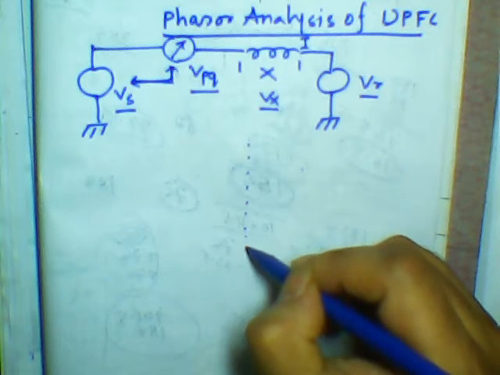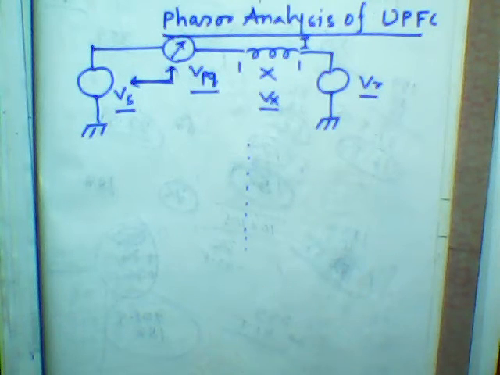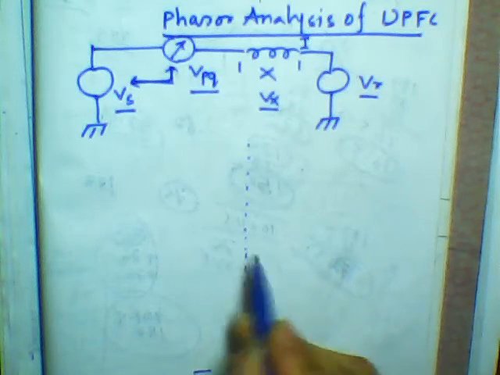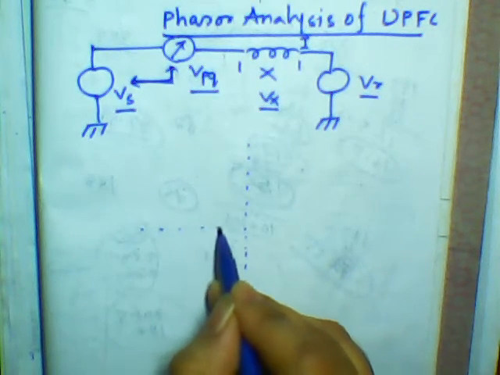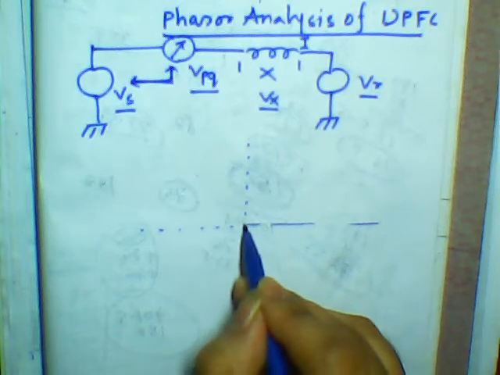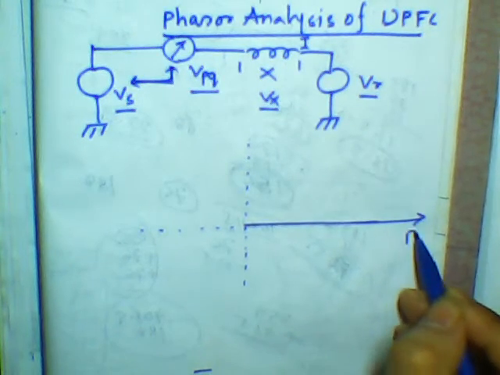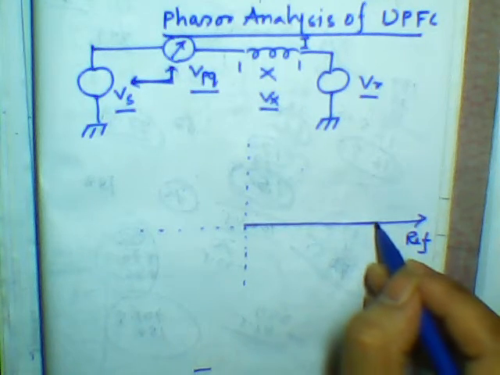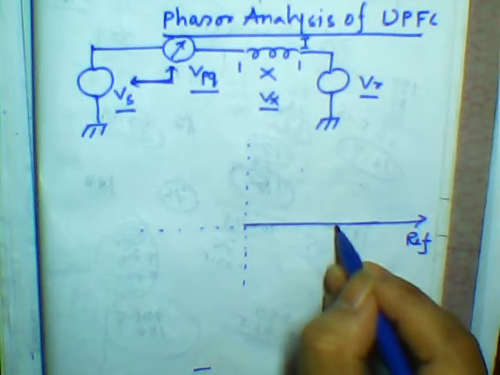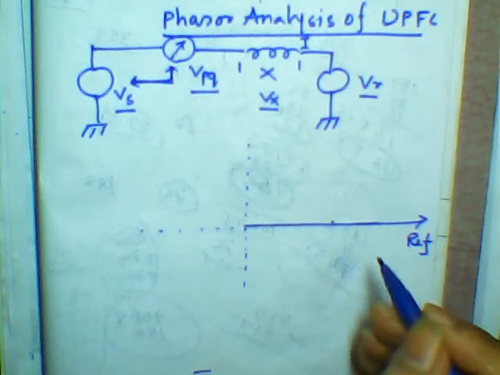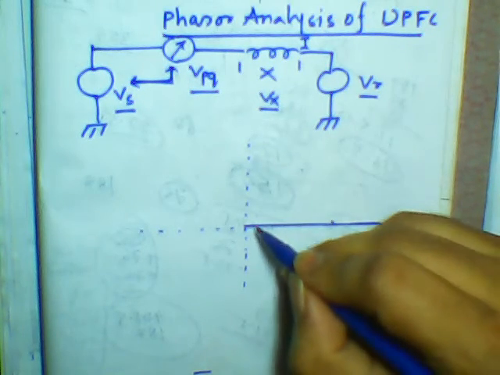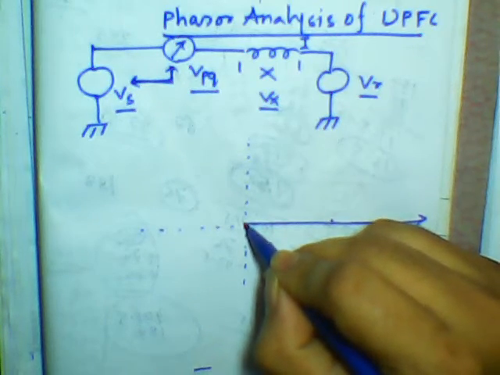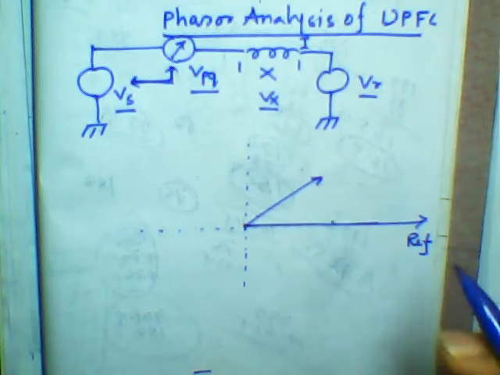First we will draw the phasor. This is my reference axis, and here is the generation voltage, let us call it Vs. I am putting it somewhere here.